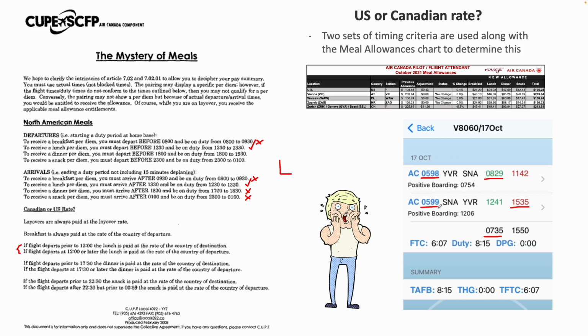And the country of departure was the United States for this flight leaving at 12:41. So country of departure, when looking at it from this angle, is still the United States. So in this case, we would expect, based on the meal allowances chart, that we would get a total of $24.02 for our lunch per diem for this pairing.